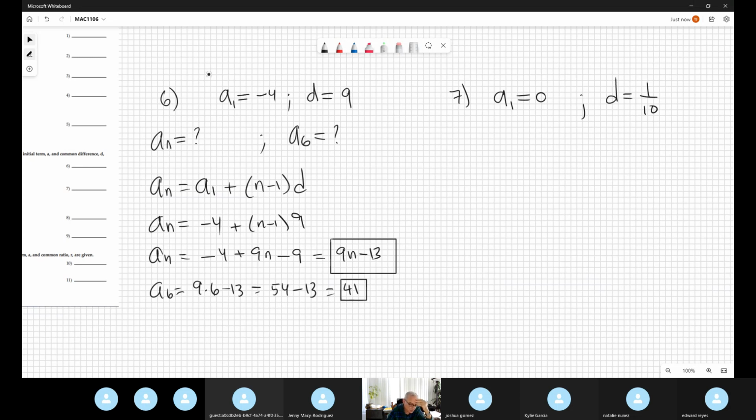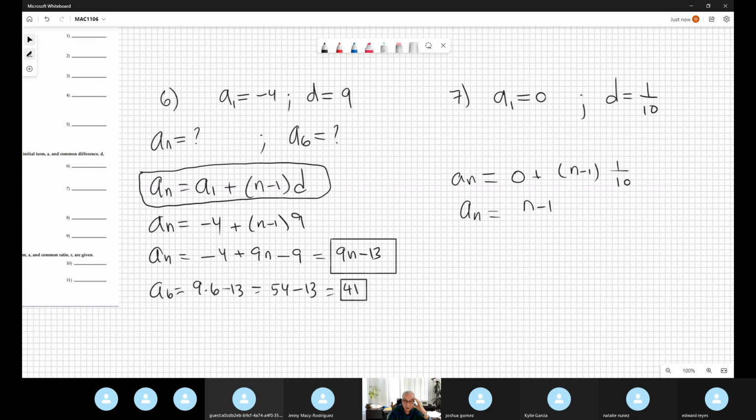The common difference can be positive, negative, or a fraction. It doesn't matter. So the A sub n formula is the same formula as this. A sub n is equal to 0 plus n minus 1 multiplied by 1 over 10. One possibility is to write it like that, n minus 1 over 10.